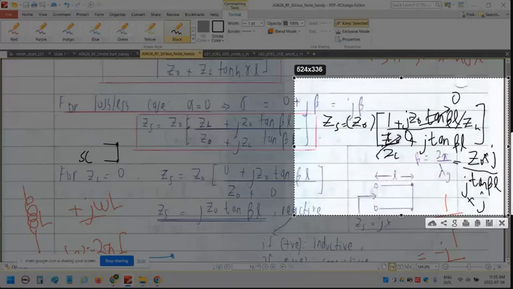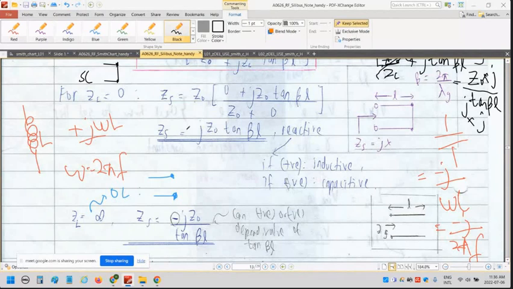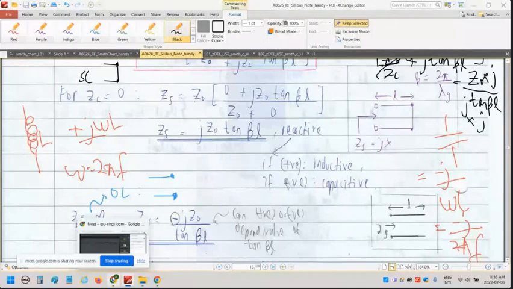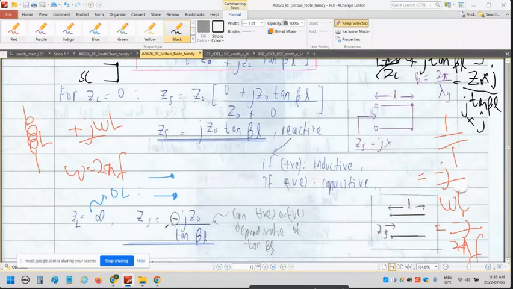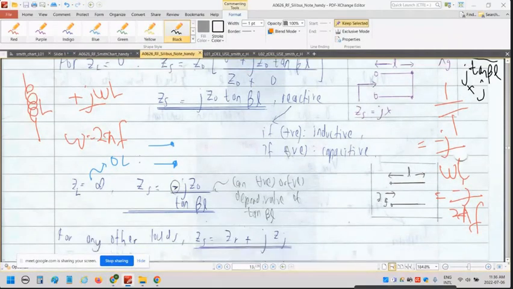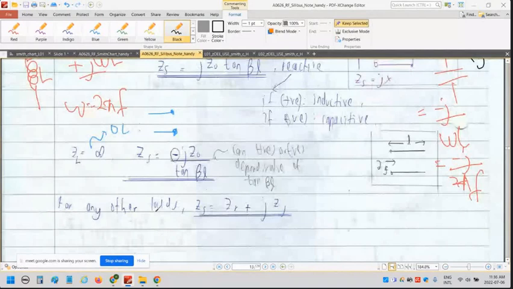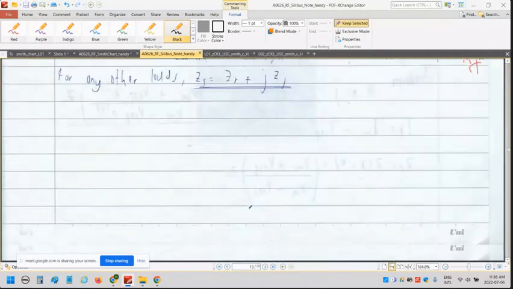For any other load, the standard formula is Zs equals ZR plus jXJ.